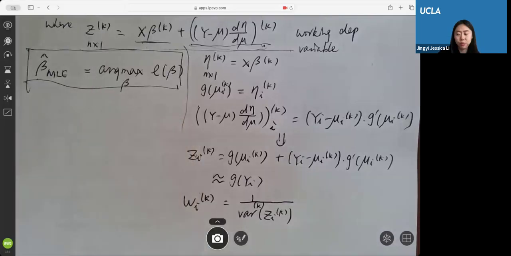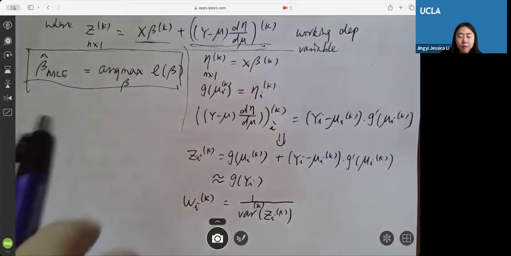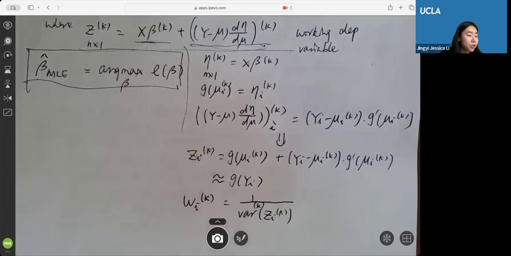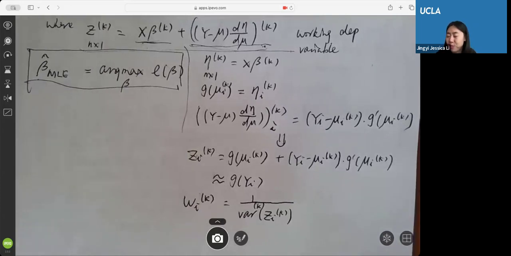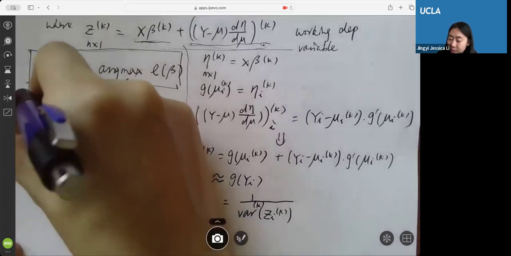So this is something we will talk briefly later. But before we talk about the inference, let's first talk about a very important question, which is whether the GLM, exponential family GLM, is a reasonable model. Okay, this is like a model selection problem we always need to ask.